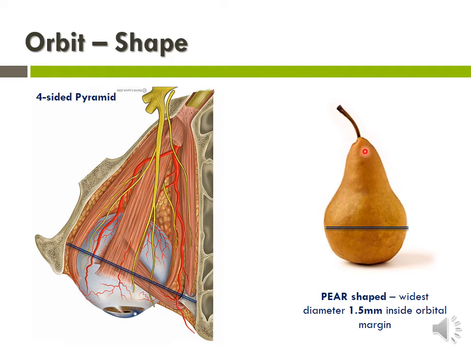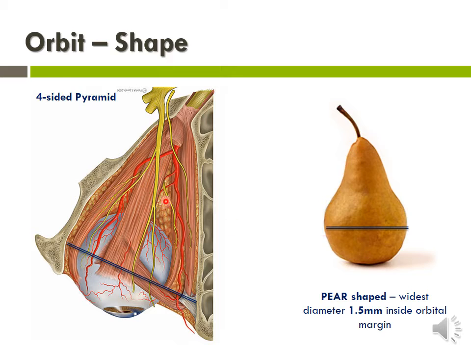If you look at a pear, the diameter here is smaller, but it is wider just before the anterior portion. So that is why the orbit has a pear shape, with its widest diameter 1.5 millimeter inside the orbital margin.